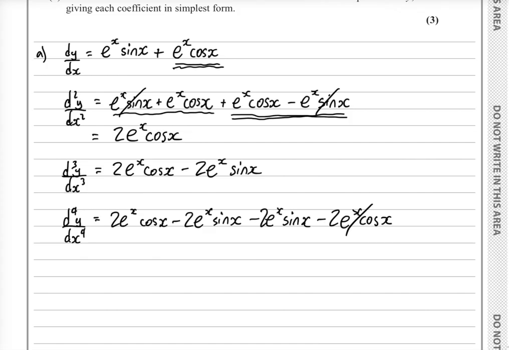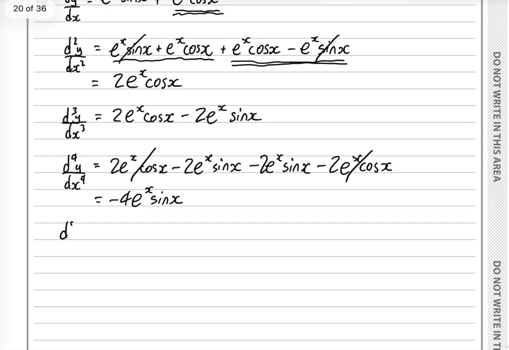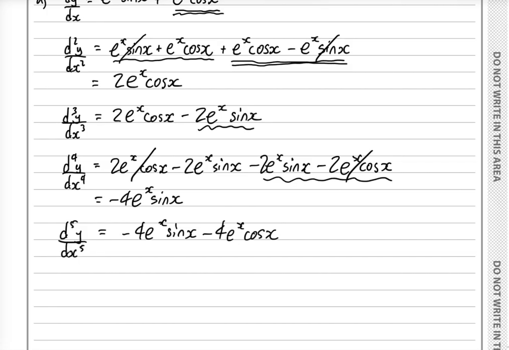And now these 2 cancel, and the other 2 combine together to give minus 4e to the x sine x. And the fifth derivative, minus 4e to the x sine x minus 4e to the x cosine x. Basically the same thing as this, but with a 4 instead of a 2.